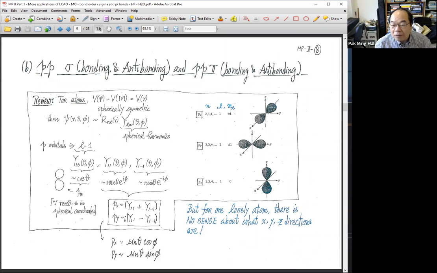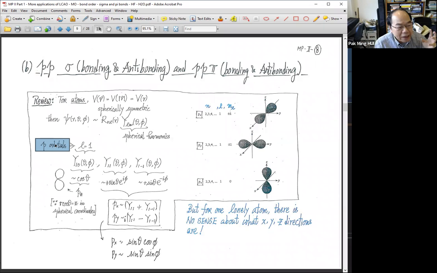Therefore, in summary, L equals 1 is called p orbitals in atomic physics, and you will have px, py, pz, a dumbbell or something like a number 8, pointing at x, y, z. And if it is a lonely atom, it has no sense of what a direction is.